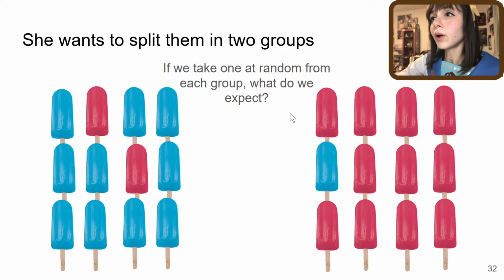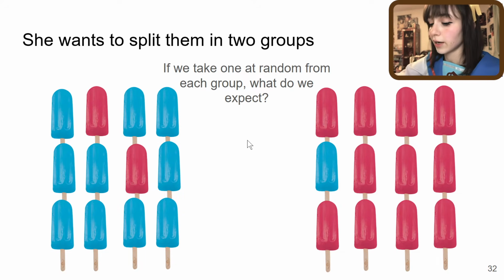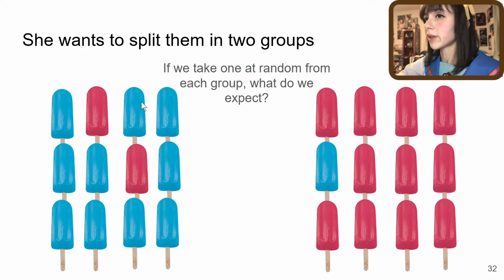So if I take one at random from each group, what do I expect? I expect that if I take one at random from this group, it is going to be blue because there's a lot more blue than pink ice pops. Similarly, if I take one from the other group, I would most likely expect it to be pink and not blue because there are a lot more pink ones.